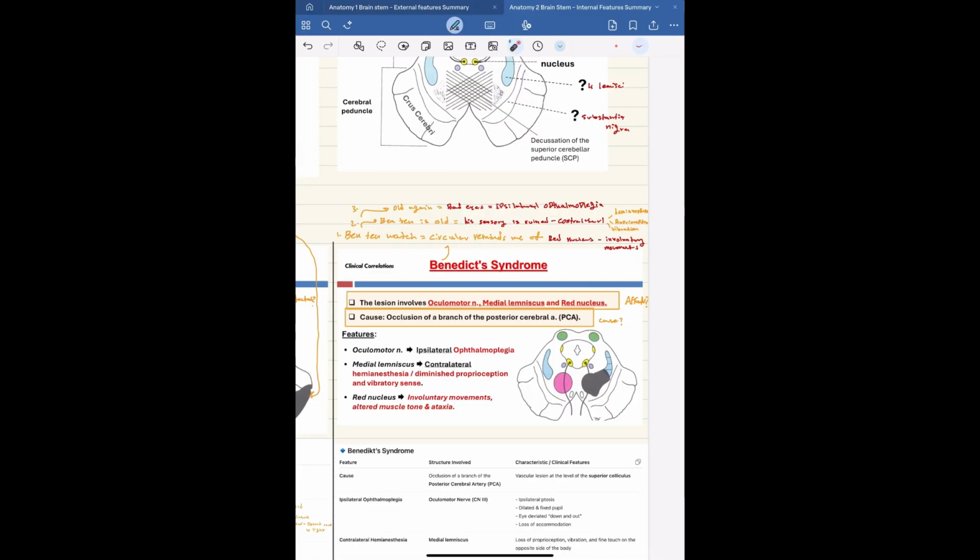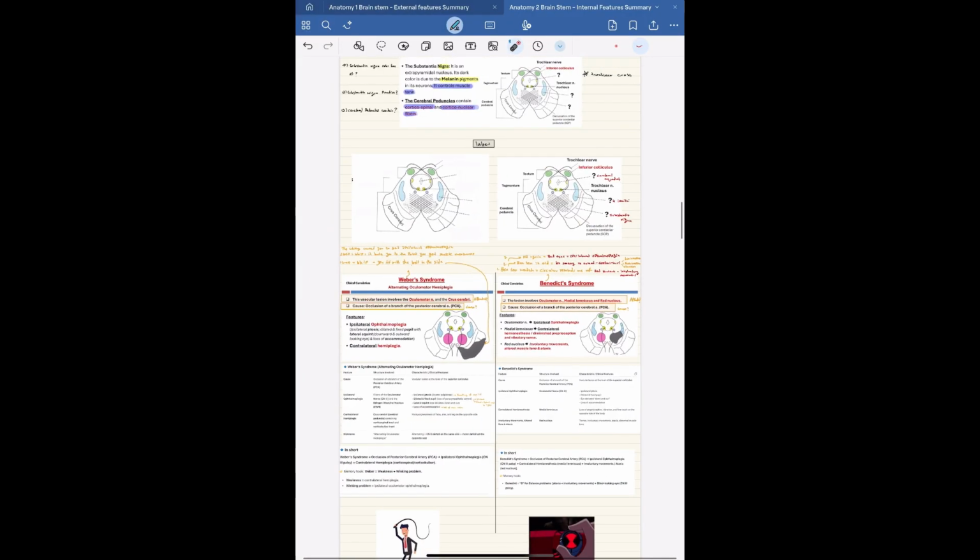If you really wanted to remember it based on that story, Ben 10 watch is circular like the red nucleus, so you get involuntary movements when there's a lesion. Ben 10 now is old, so his sensors are ruined, contralateral hemianesthesia and such. Okay, and since he's old, he'll have bad eyes, so he will get ipsilateral ophthalmoplegia.